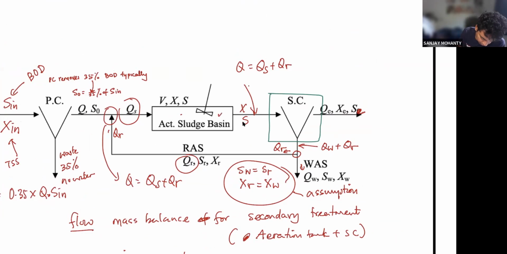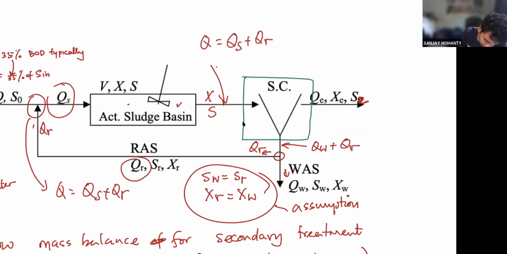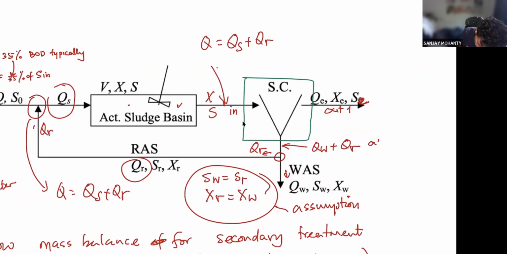Whatever is inside the reactor will be outside the reactor. So this is the concentration, this is the flow rate. That's coming in, so this will be in, and there will be two outs: out one and out two.